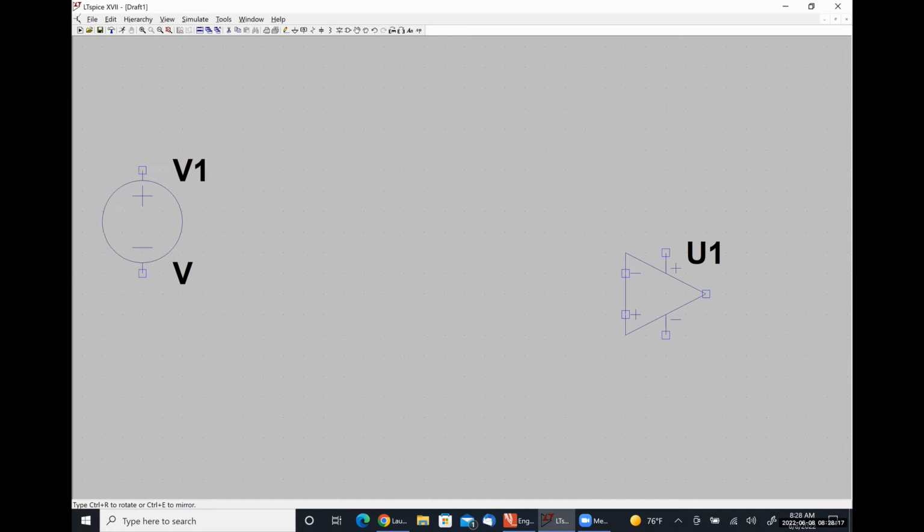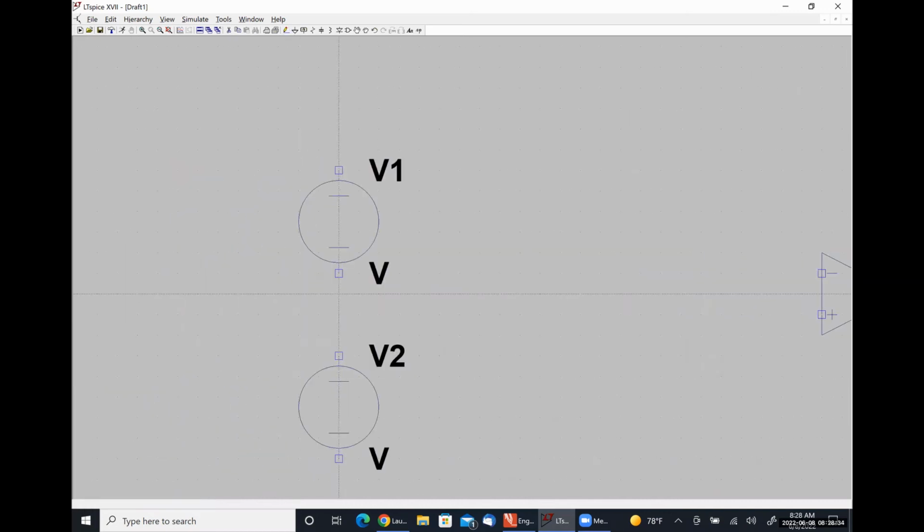So here is going to be my VCC plus voltage source, and here is going to be my VCC minus voltage source, and I'm going to wire these two together like so, and then put my ground or reference node here in the middle.